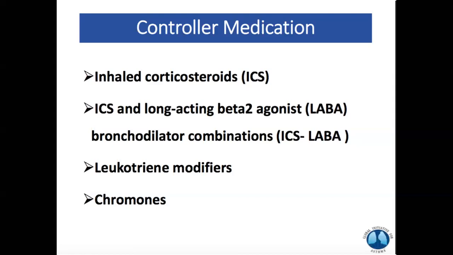Long acting beta 2 agonists like formoterol, salmeterol, they're all long acting. You also have leukotriene antagonist, which is orally available, but it is less preferable. So the most important preferable controller medications are inhaled corticosteroids, and the second one is the long-acting beta-2 agonist, which has to be combined with inhaled corticosteroids, and it has a steroid-sparing effect. It reduces the dose of steroids that is needed.